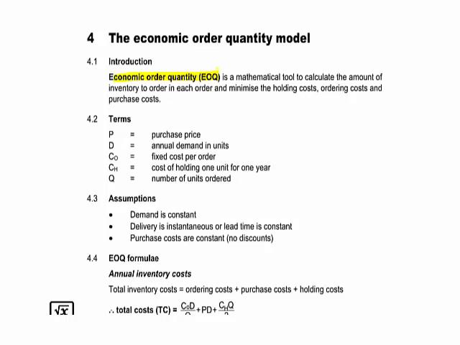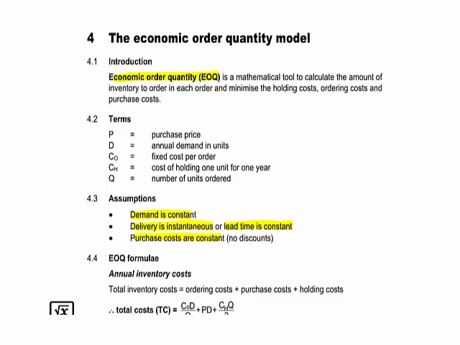And what we need is to assume that demand is constant, delivery is either instantaneous or the lead time is always constant, and there are no discounts, so we pay the same regardless of the number of units that we order at a time.